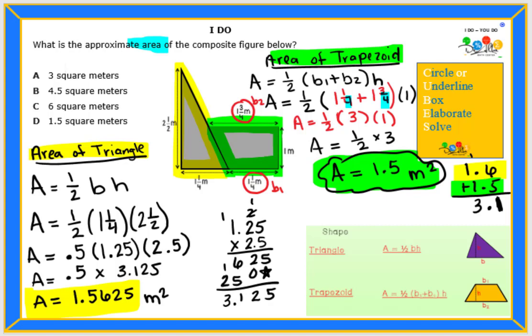So this is the total area for the composite figure, 3.1. So now we're going to look at our answer choices, which is the approximate area of the composite figure. So the closest answer to 3.1 is 3. So my answer is A, 3 square meters.